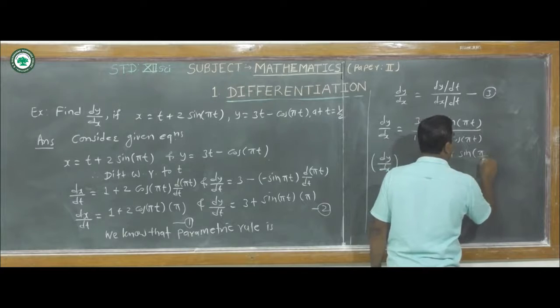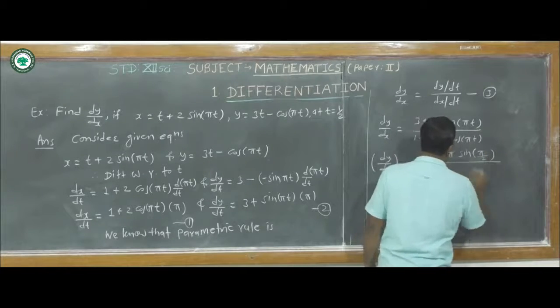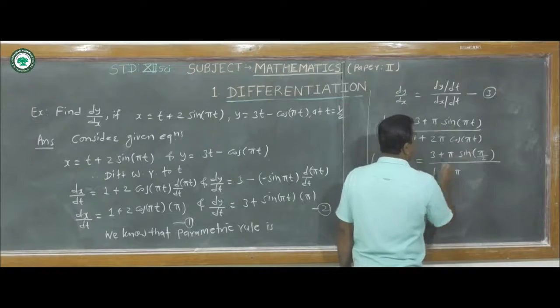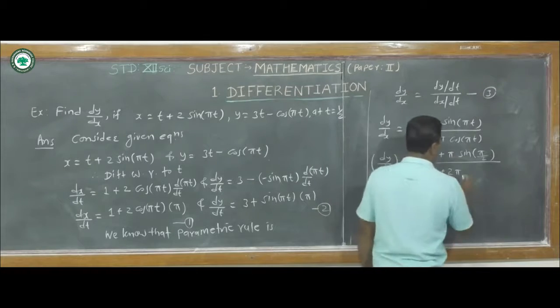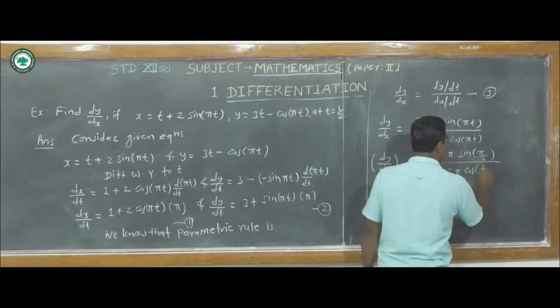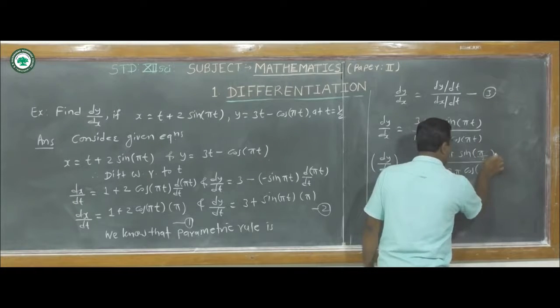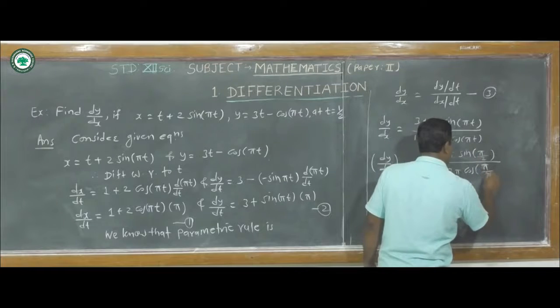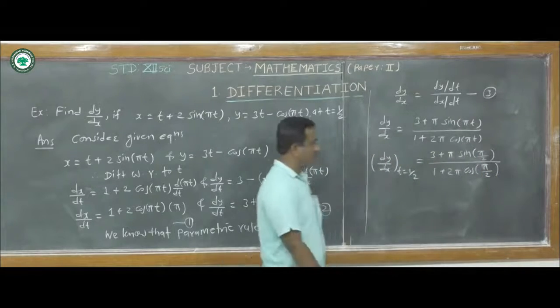That is, we get pi by 2, upon 1 plus 2 pi into cos of pi into 1 by 2, that is pi by 2.